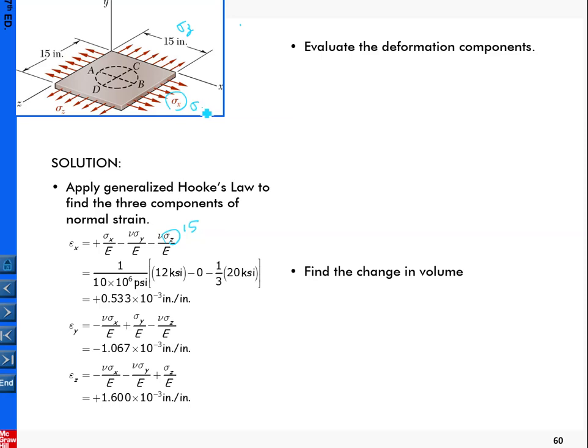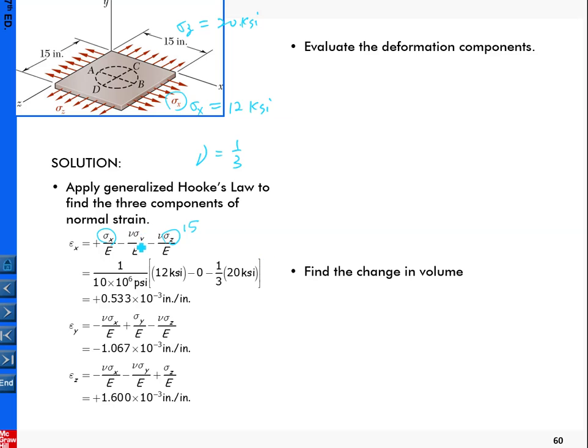Looking at the numbers here, sigma x is given as 12 ksi, and sigma z is given as 20 ksi. Then we are also given the Poisson ratio equal to 1/3.